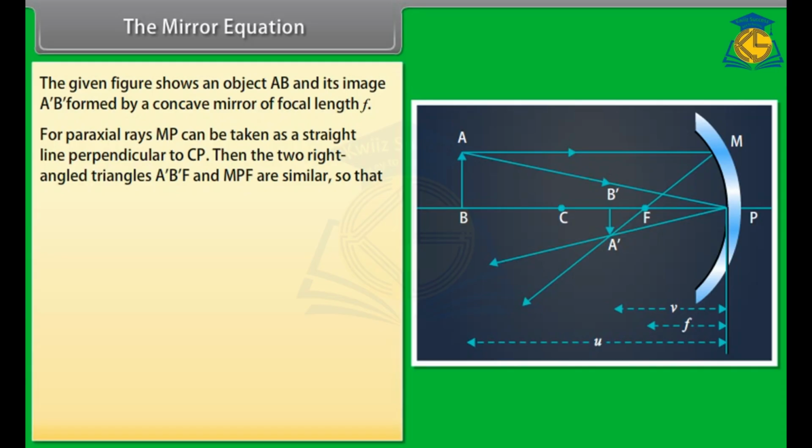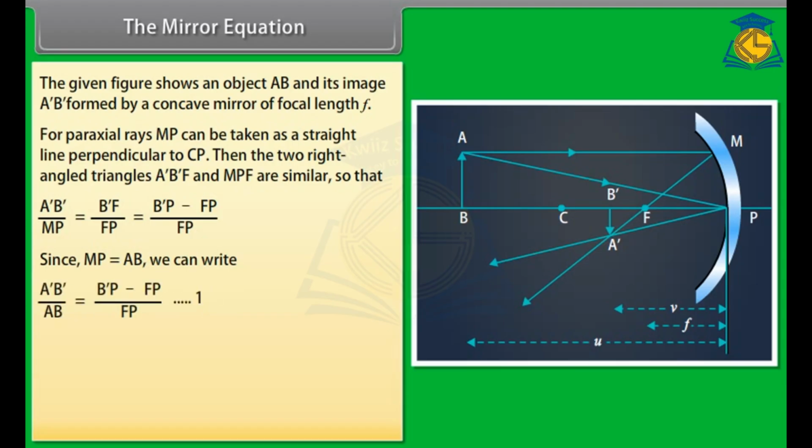Then the two right-angled triangles A'B'F and MPF are similar, so that A'B' by MP is equal to B'F by FP, which is equal to B'P minus FP by FP. Since MP is equal to AB, we can write A'B' by AB is equal to B'P minus FP by FP. Name it as 1.